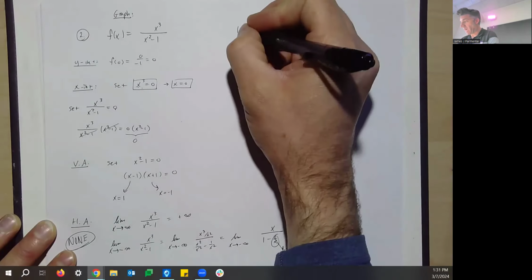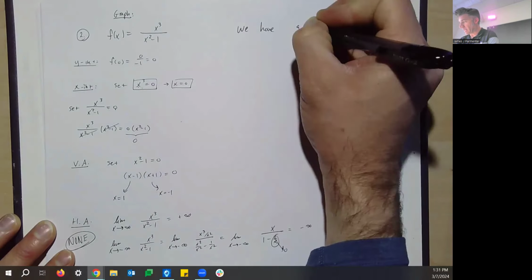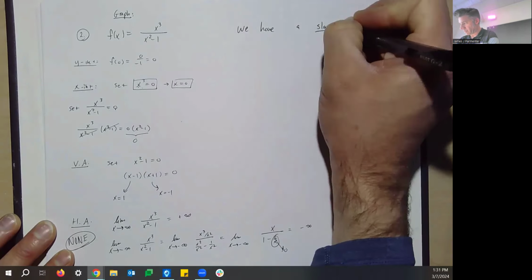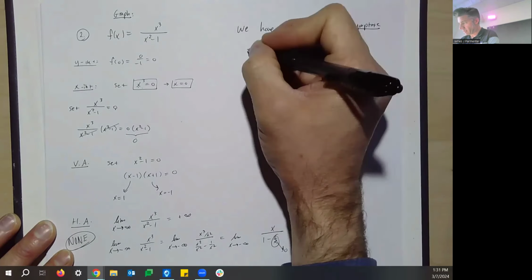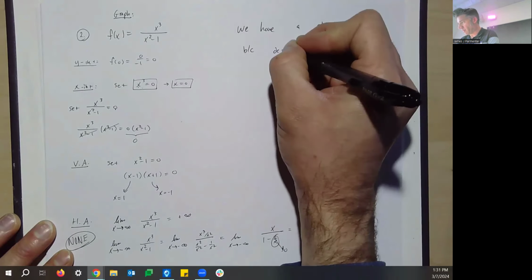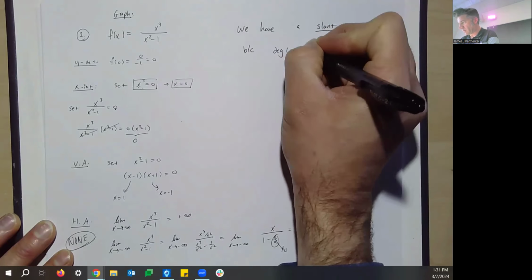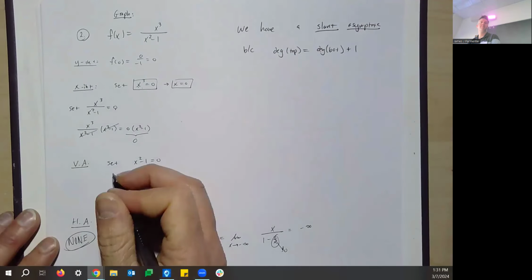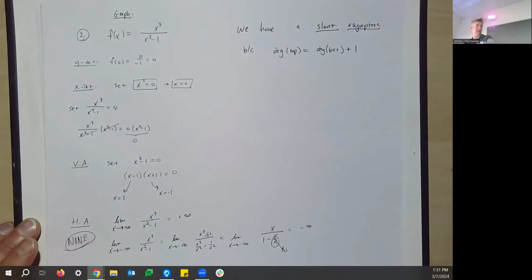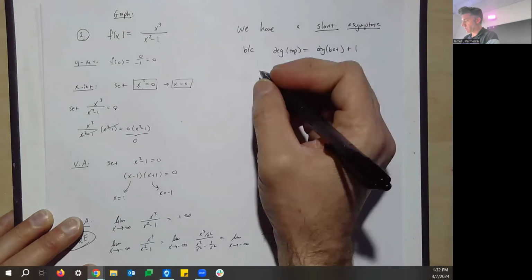So we have a slant asymptote because the degree on top is equal to the degree on the bottom plus 1. That's always true. If it's a rational function, meaning it's a polynomial over a polynomial, and the degree on top is 1 larger than the degree on the bottom, then you do have a slant asymptote. It's not a terrible thing to have. We're just going to do the division here.